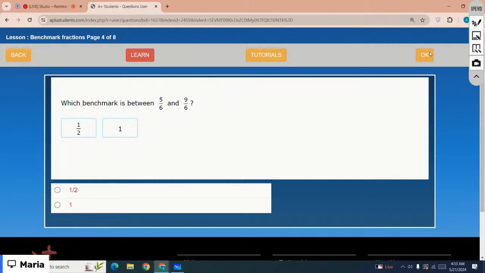The one that is between 5 by 6 and 9 by 6 is 1.